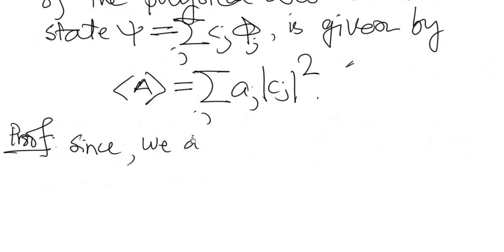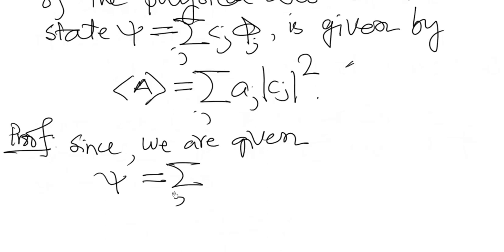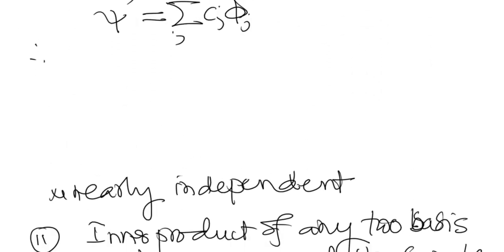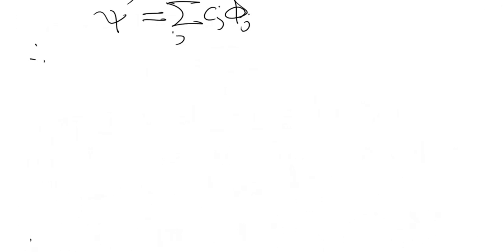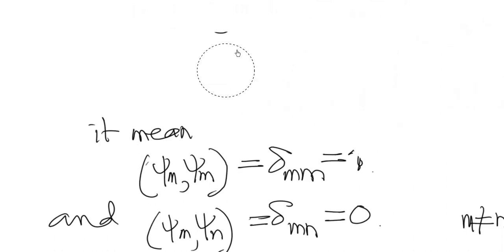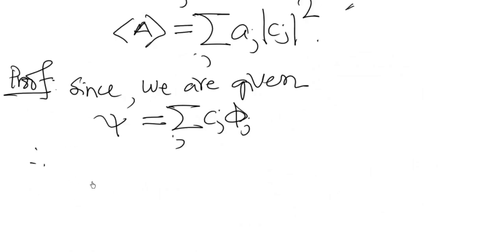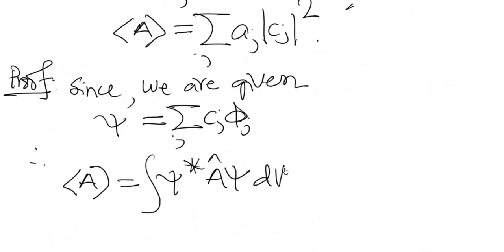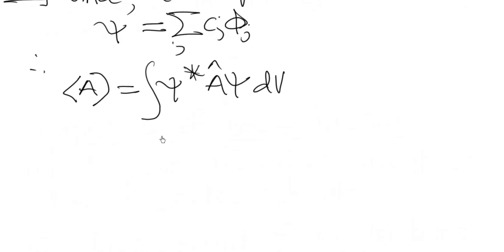Since we are given this, therefore the expectation value is an integral, where dV is the volume element and the integration is over the whole space.